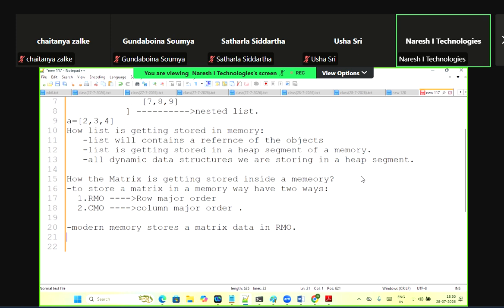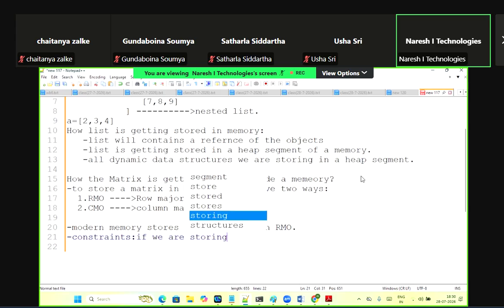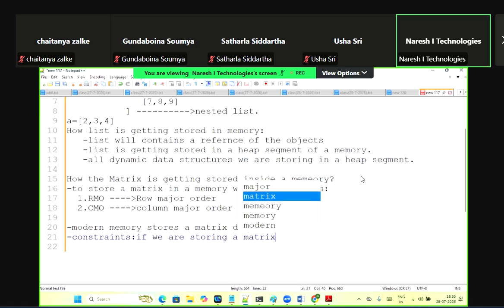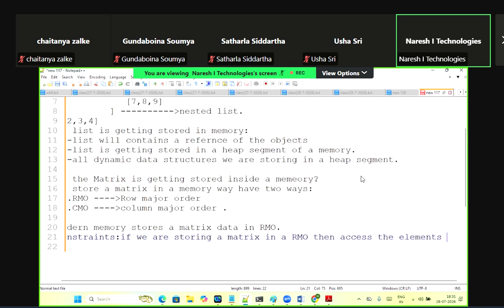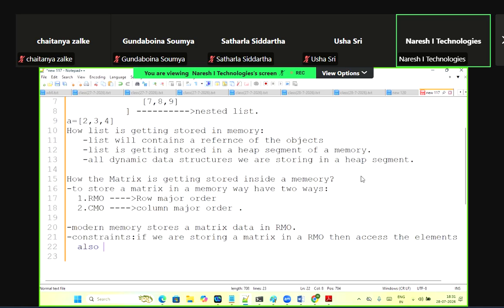The one constraint here will be: if we are storing a matrix in row major order, then access the elements also using row major order.